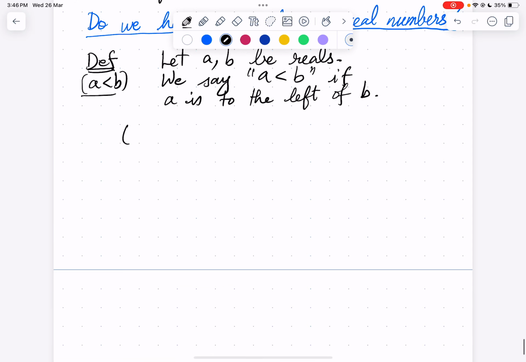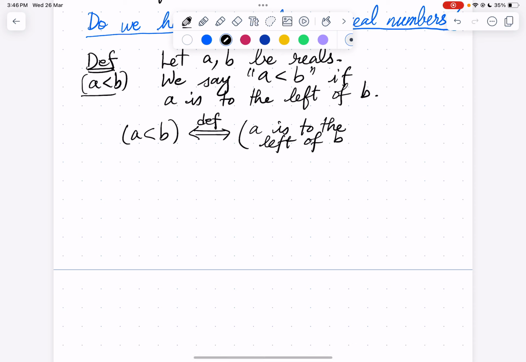So we say A is less than B. Saying A less than B means the same thing as A is to the left of B. Okay. So we can compare any two real numbers.